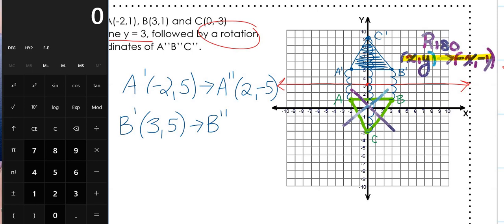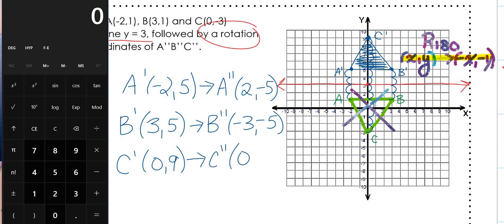It says negative x, negative y, so switch the signs of both coordinates. So negative 3, negative 5. And lastly, C prime. C prime is right now at 0, 9. So after the rotation 180 degrees, C double prime will be at 0, because 0 doesn't change signs, negative 9. So these are all of my coordinates for my final answer. I'm going to plot it, and I'm going to see if it makes sense.